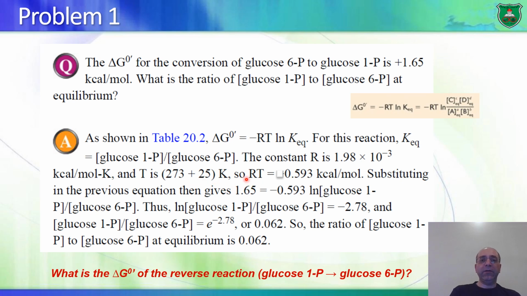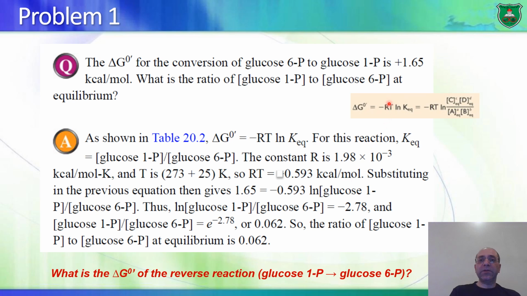So RT, this value right here, is equal to the sum of this times the constant R, and this would be equal to 0.593 kilocalories per mole.